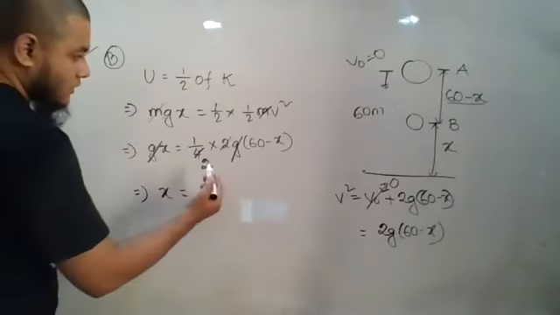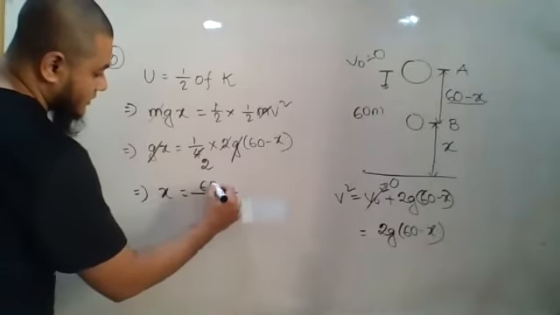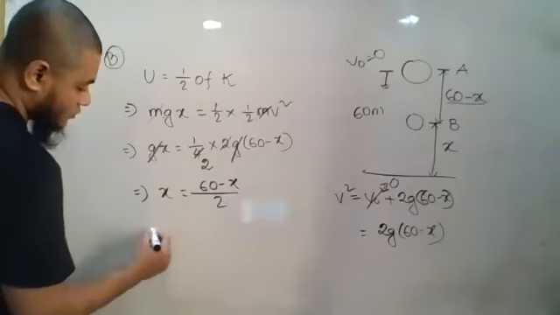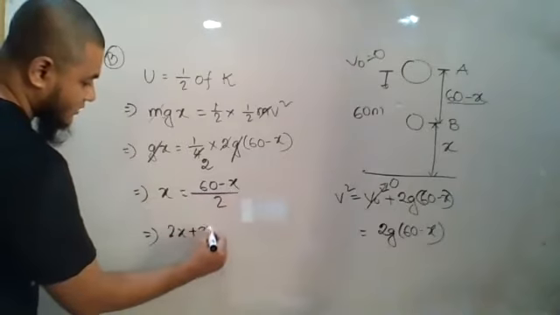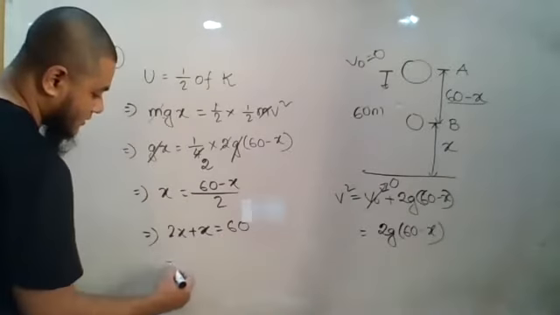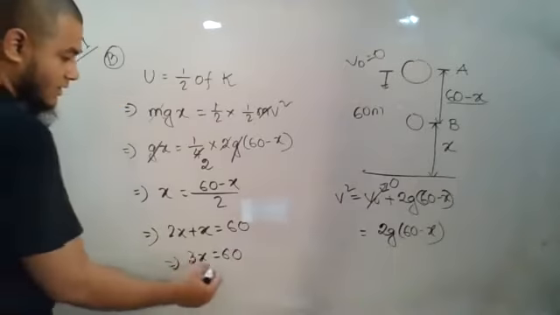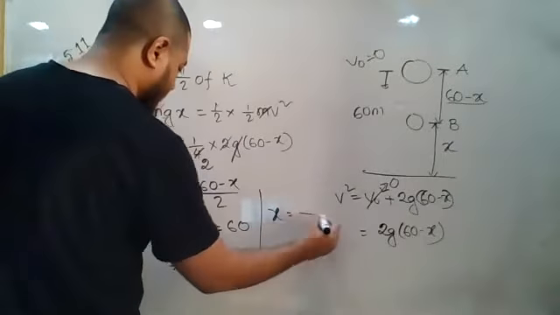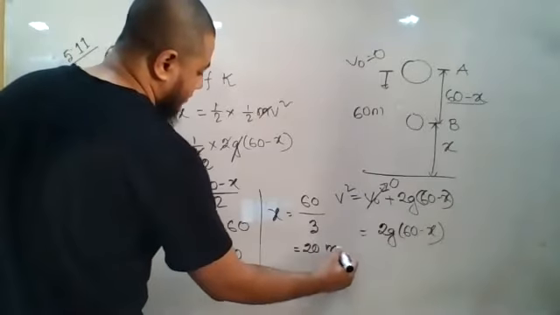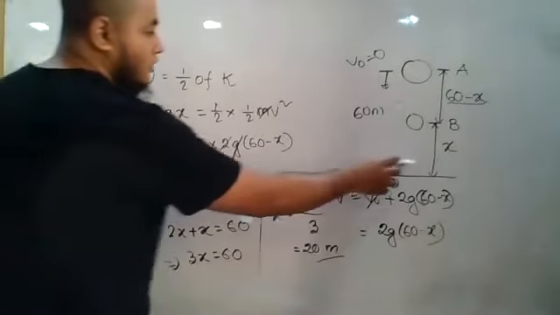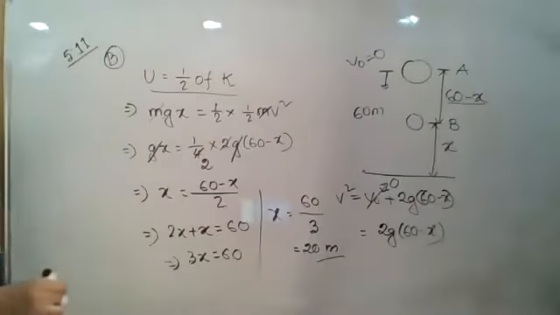So it will be x equals 60 minus x divided by 2. Cross multiplying, 2x equals 60 minus x. If I change the side, it will become plus x, so 3x will be equal to 60 and x will be equal to 60 divided by 3, equal to 20 meter. So we can say that at 20 meter height from the ground, our desired situation will occur.